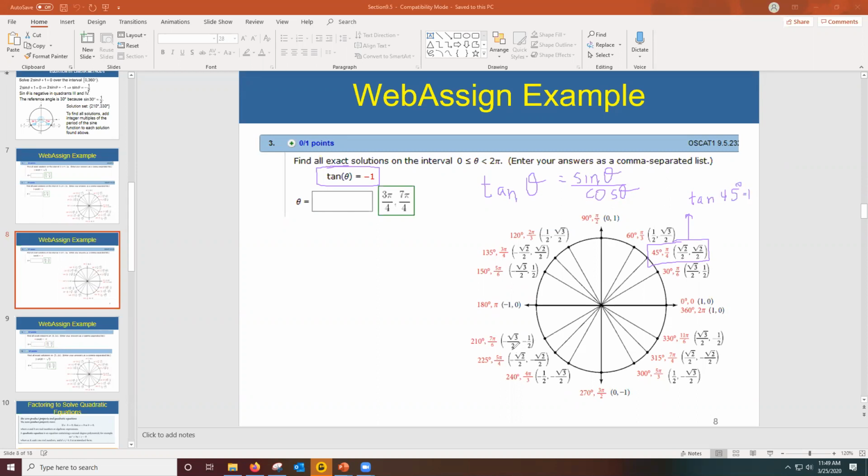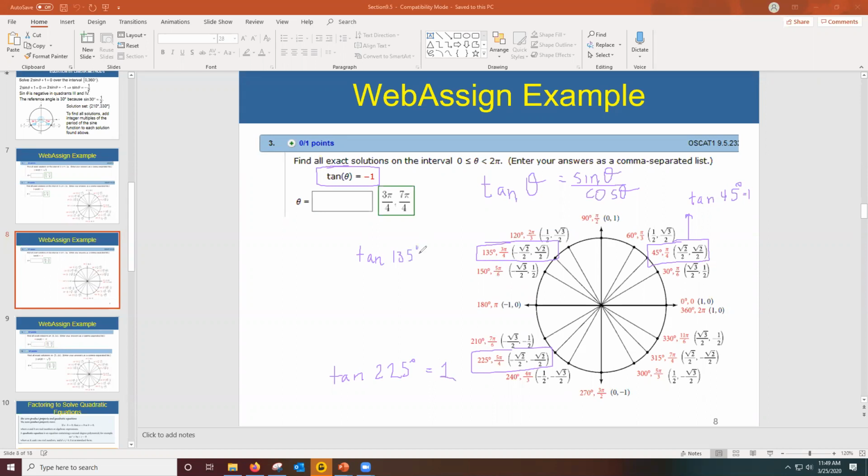It was the same thing down here for tan 225. Because I'm taking a quantity divided by itself, tan of 225 was also equal to positive 1. And then we looked at these angles. What about 135? Well, the tan of 135 turns out to be negative 1.